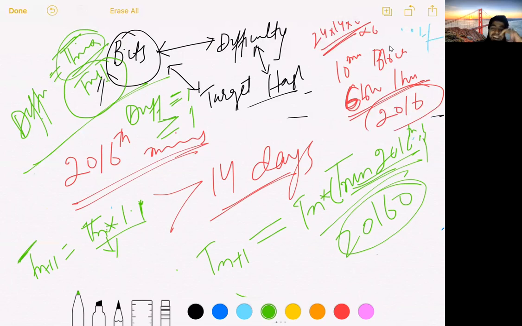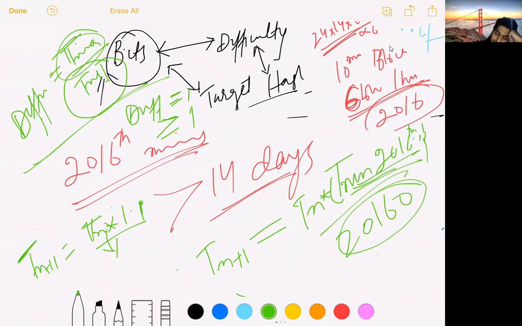Lowering the target hash means we increase the difficulty, since if it is taking more than 14 days, this situation was happening. So we have to make the target hash smaller so that difficulty will increase.